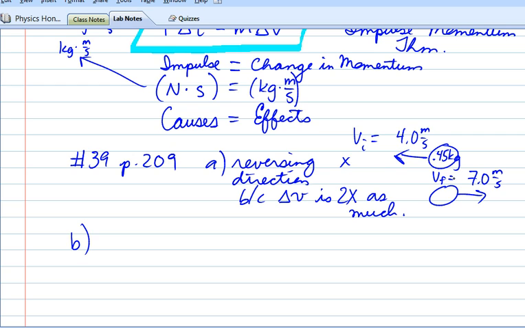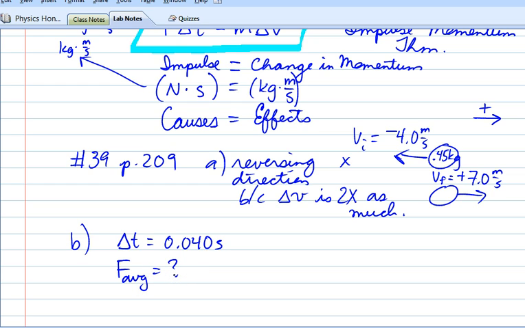Now, one thing we have to be careful about is the directions here, and we'll say that to the right is positive. So what that does is it actually makes the initial velocity negative and the final velocity positive. This is a pretty big error that people will make, is not getting those signs correct. Okay, and we're told that the contact time is 0.040 seconds, and we want to know the average force.